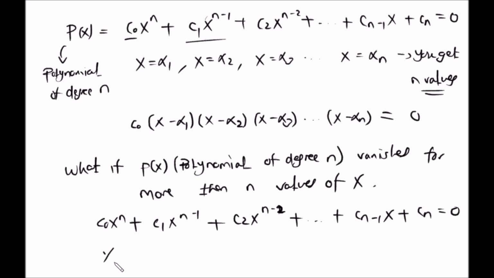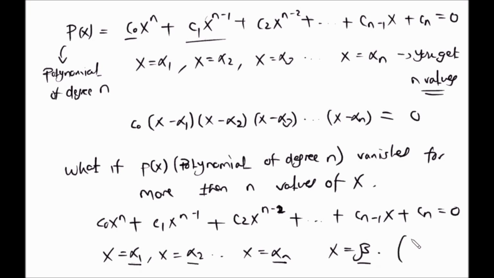Nilivyosolve sasa nikapata x sasa na alpha 1 ndio x sasa na alpha 2 mpaka x sasa na alpha n, jumla ziko majibu yako n. Sasa nimesema pa more than n values, fanya jibu la nyongeza sasa ni nini? Ni x sasa na beta.